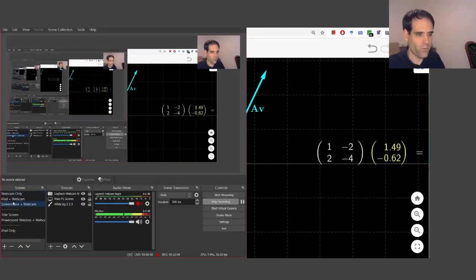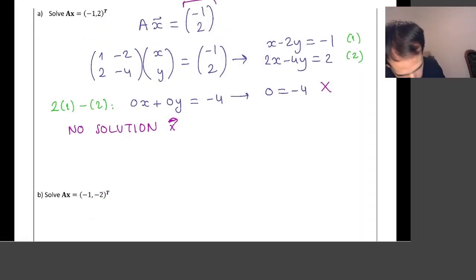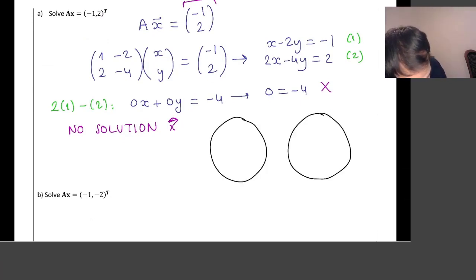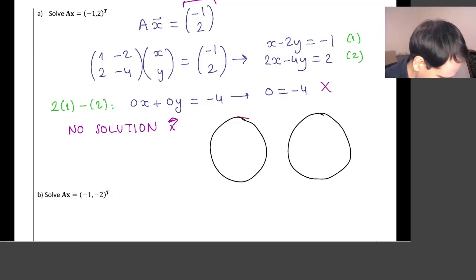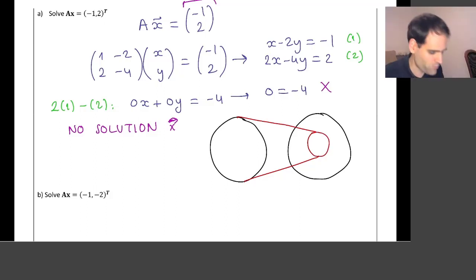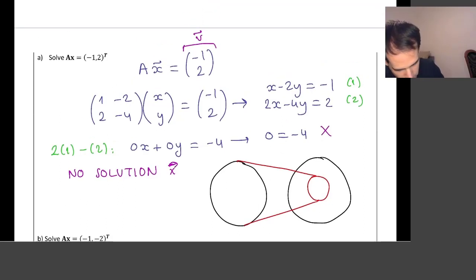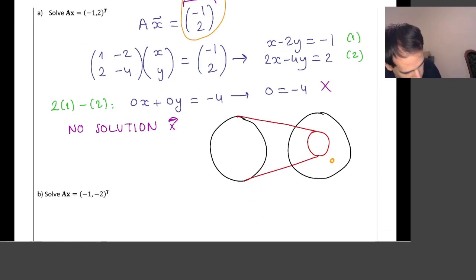Okay? Another way of explaining this would be using our Venn diagrams. So this is a transformation with a determinant equal to 0. Therefore, all of the input space is being reduced to a subspace, which is this range of A. So now this vector v that I chose here is outside of the range.